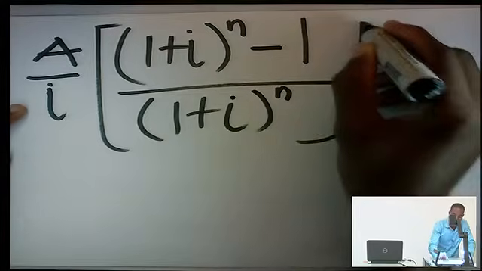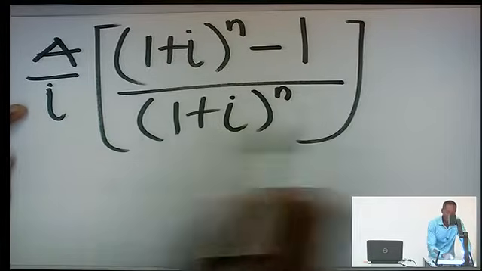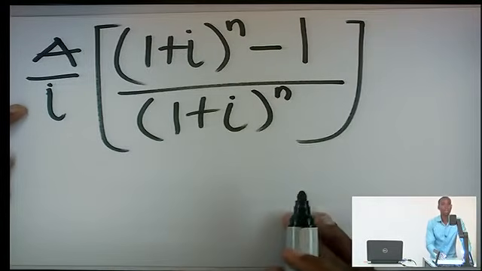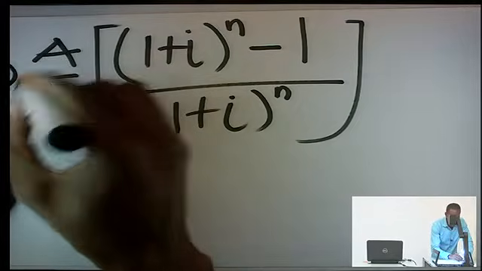Then you close the parenthesis. Now, this expression here helps us to find the present value for a uniform cash flow. So my P will be equal to this.